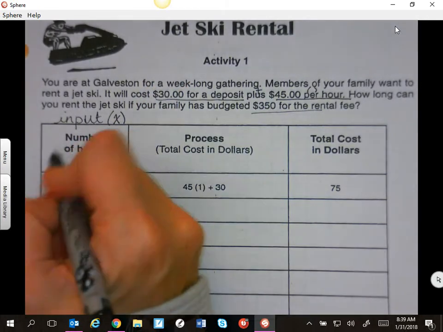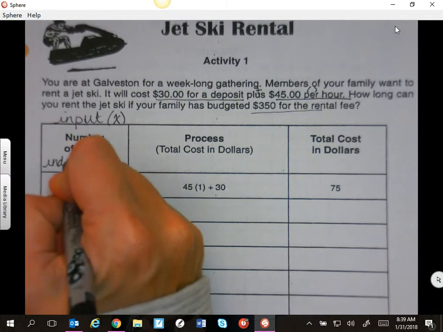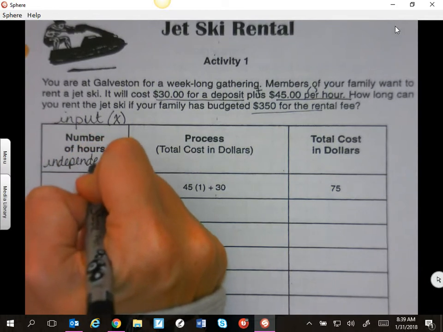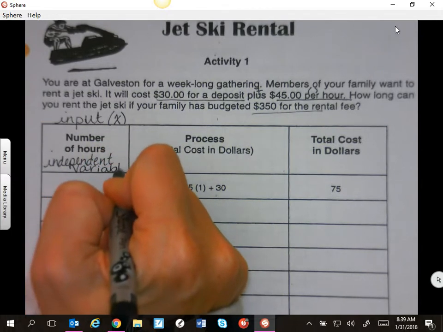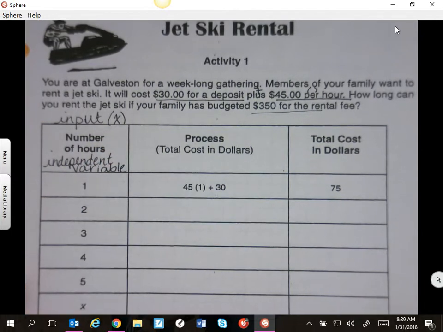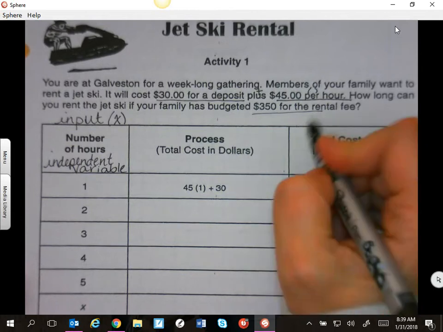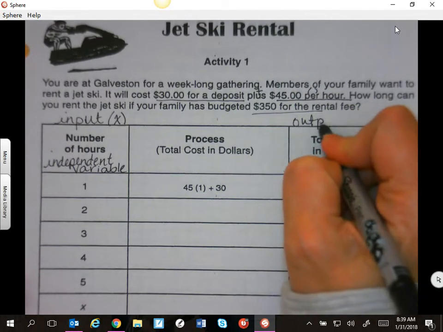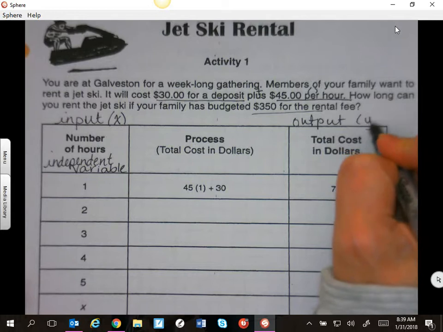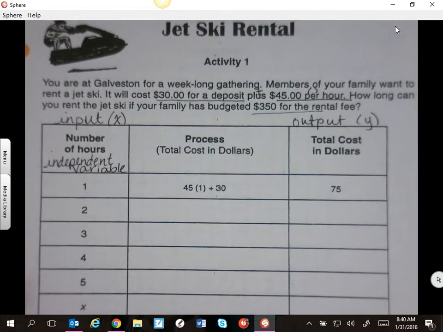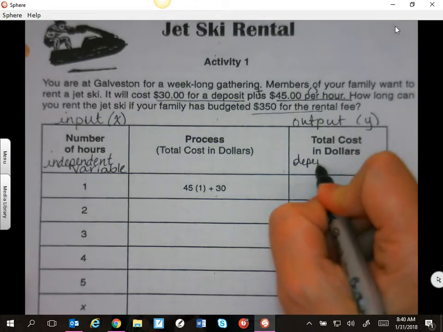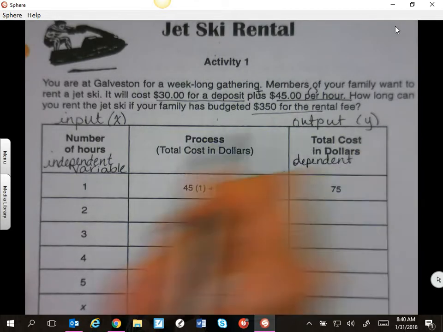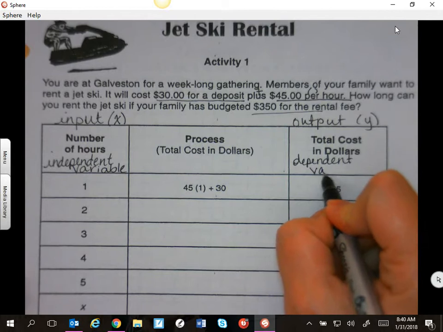It is also going to be what we call the independent variable, because that is the one that we do not have control over. Total cost in dollars, this is going to be our output. This is our y-axis on a graph. And then it's also going to be our dependent variable because the cost depends on how many hours we rent the jet ski.